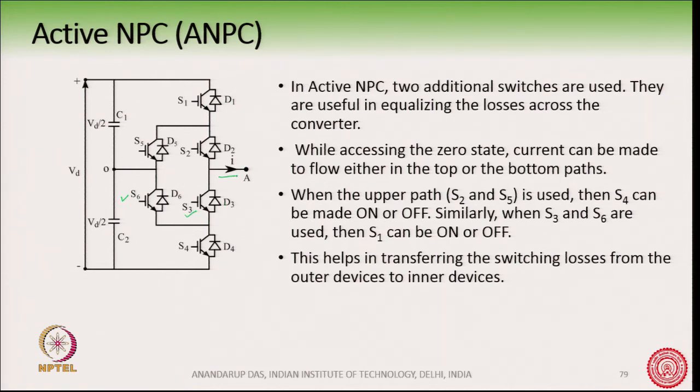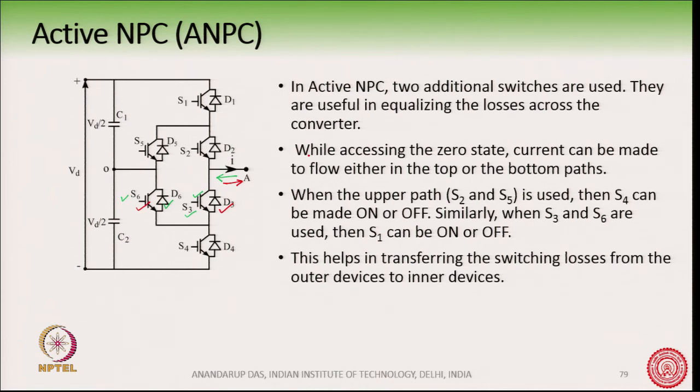So, now if the current is in this way, then S3 and D6 will conduct. On the other hand, if the current is the other way, then S6 and D3 will conduct. So, whether the current is positive or negative, I can force the current to flow through this lower path only, okay, and I can fully cut off the upper path.